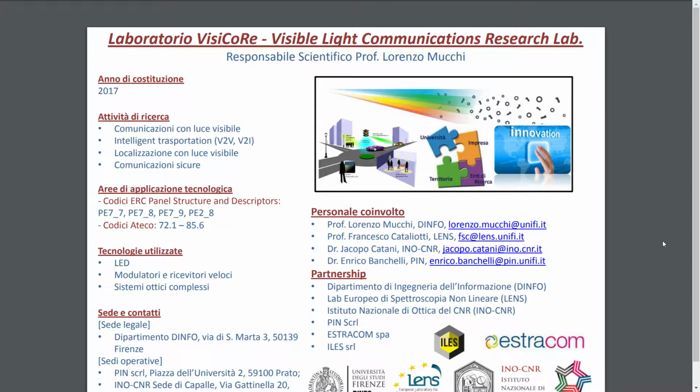Also, it's less risky for people because radio frequencies have their risks for the health of people, but light has not. So this is another of the main advantages of this technology.